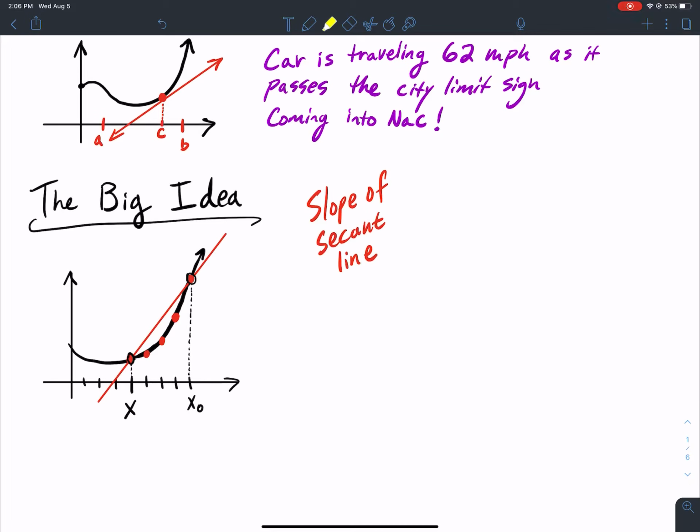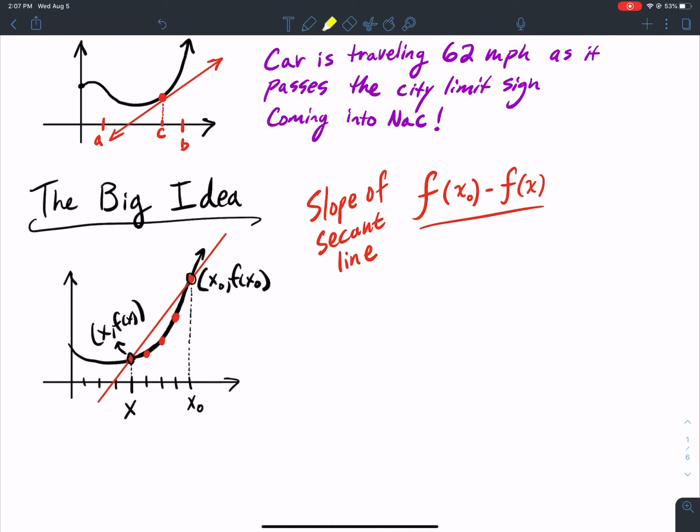And I want to find the slope through those 2 points right there. So I have to go back to my slope formula. Now, I need to know what the outputs are, what these 2 points are. Those 2 points are this right here is x naught comma f of x naught. And then this point here is x comma f of x, right?